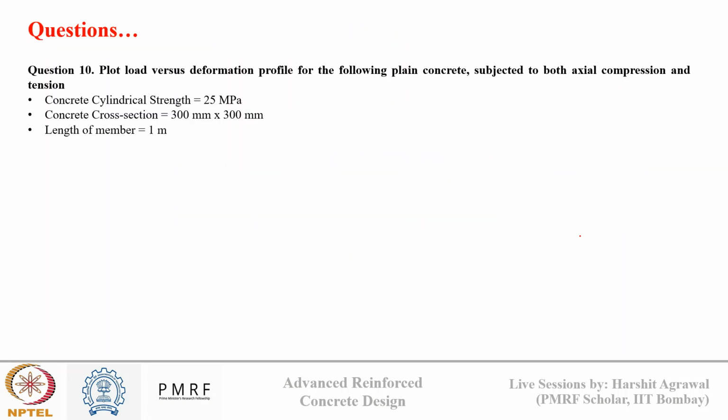So let's see the application of this flowchart in this question. We need to plot the load versus deformation profile for a plain concrete member subjected to both axial compression and axial tension. The cylindrical concrete strength is 25 MPa. The cross sectional area is 300 by 300, and the length of the member is 1 meter.